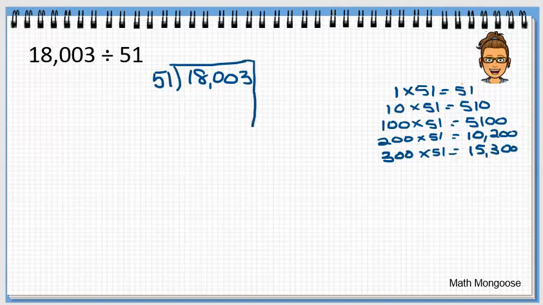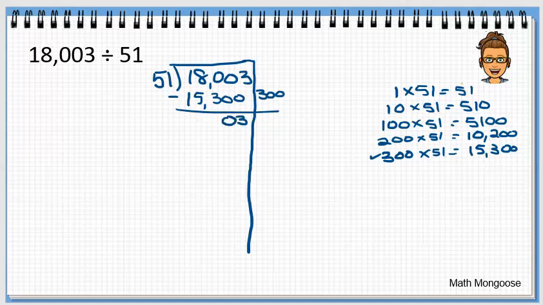Let's try that. All right. So the first thing we're going to do is draw the line down, and we're going to take out 300 groups of 51, and that is equal to 15,300. So let us subtract, okay? 3 take away 0 is 3. 0 take away 0 is 0. 0 take away 3 we cannot, so we go and borrow.